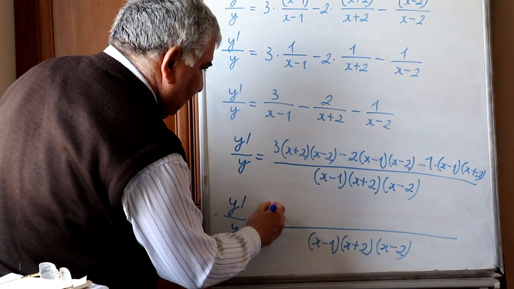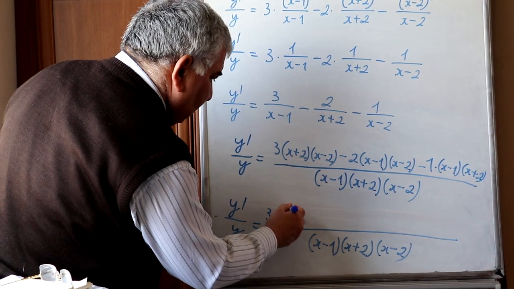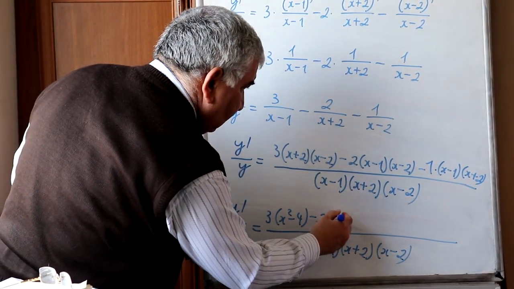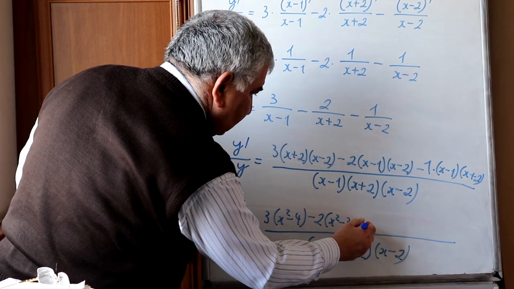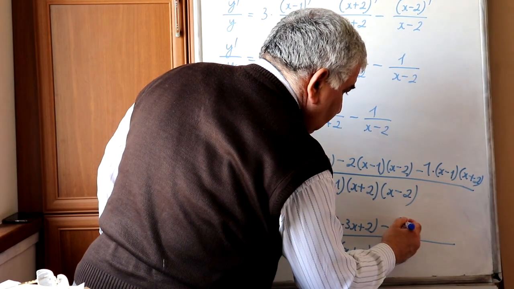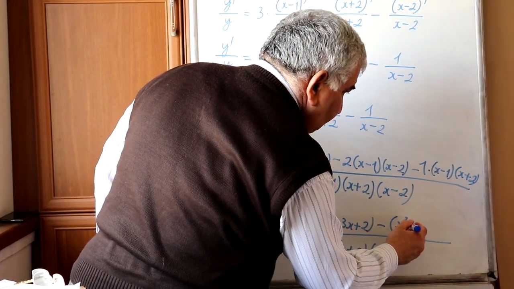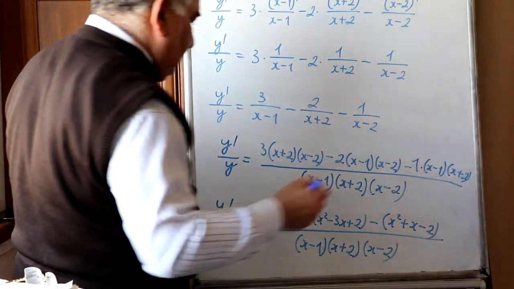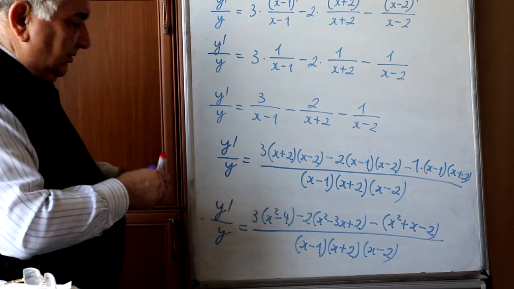Here we have 3 multiplied by x squared minus 4 minus 2 multiplied by x squared minus 3x plus 2 minus x squared plus x minus 2. Then continue.